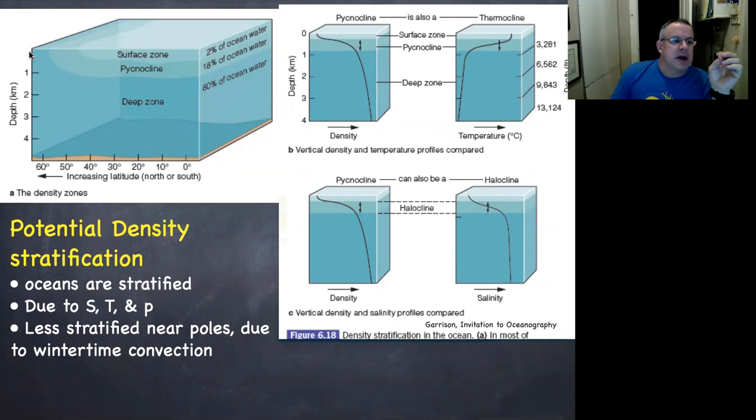In the ocean, typical depth about 4 kilometers, we have stratification. And as we go toward the poles, the surface water is getting colder. But the surface water never gets colder than freezing, which is a little bit below 0 for salt water, about -2.